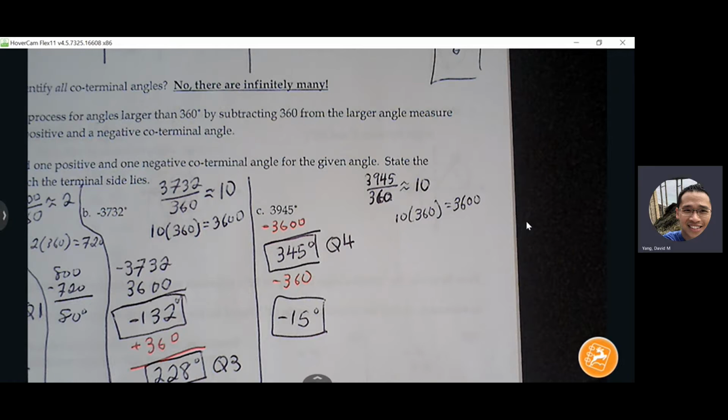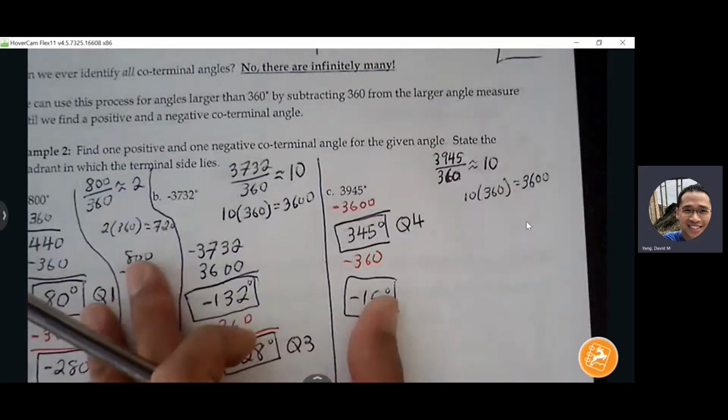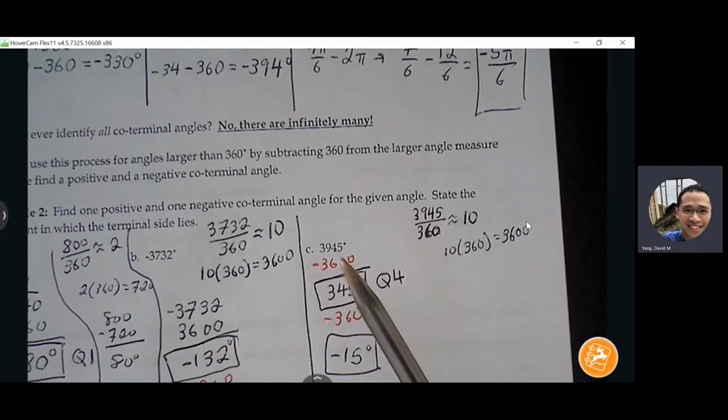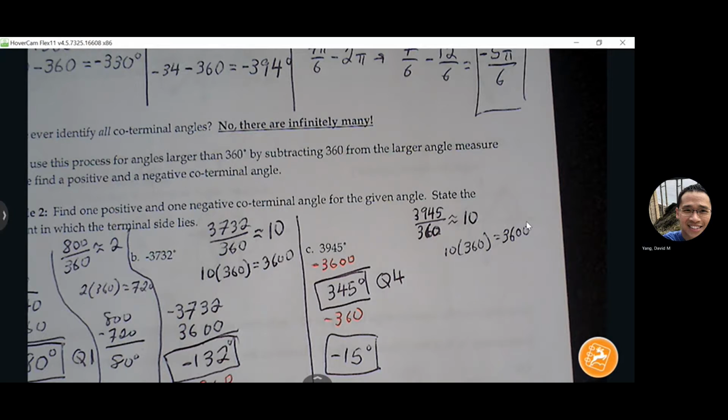Is it okay to use an angle like 365, or is that too far out? For example, in example one, part B, negative 394, can you add to get between 0 and 360? Yes, here it asks for one positive and one negative, so you can choose any positive and any negative, as long as it's a multiple of 360.